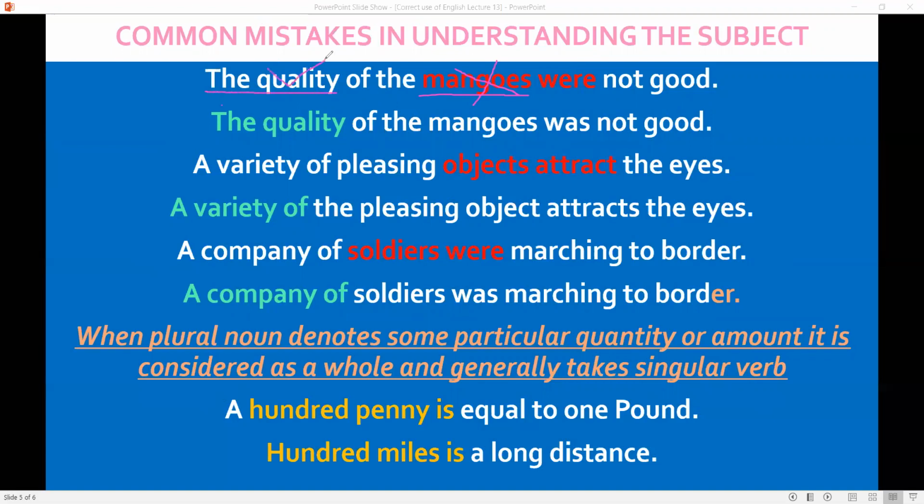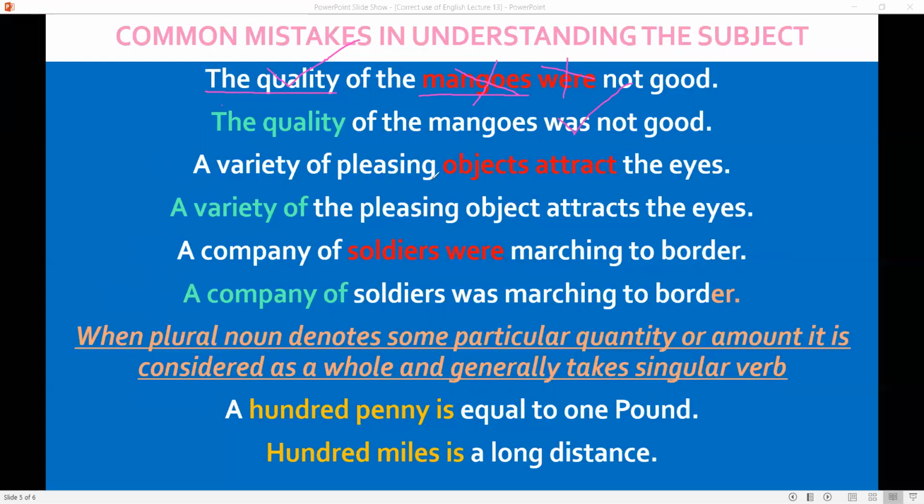So quality is singular. A singular subject with a plural verb will be wrong in the sentence. The quality of the mangoes was not good, because quality is the subject.